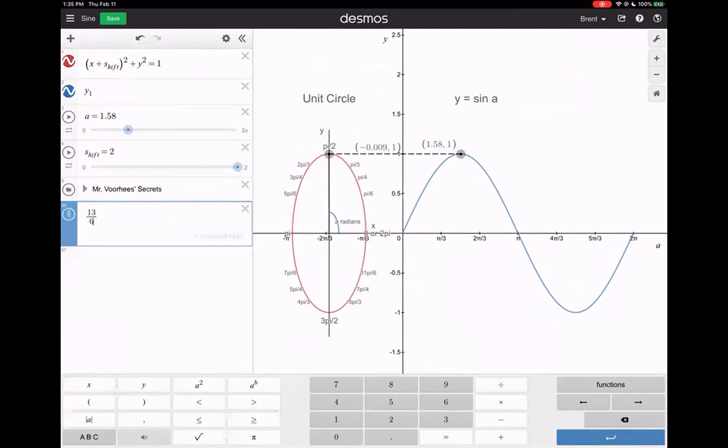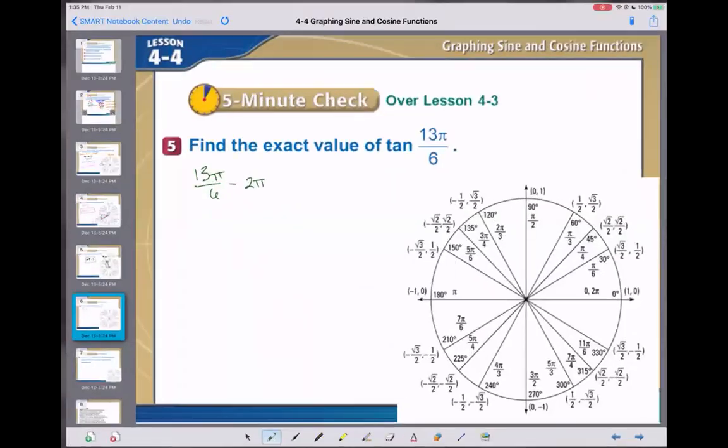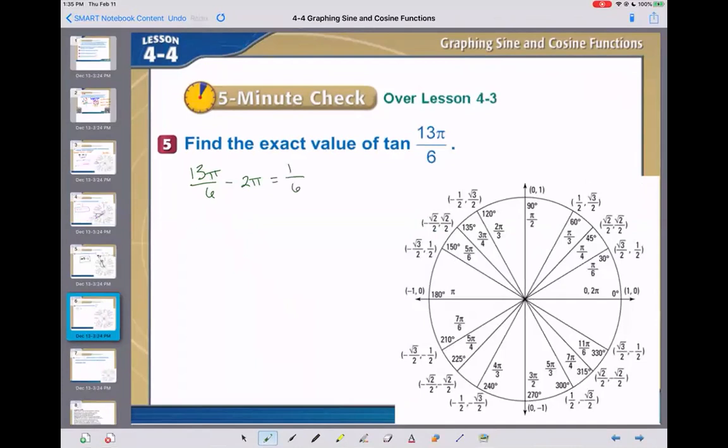So I'm going to do 13 over 6, no pi's, minus 2, representing 2 pi. Gives me that crazy decimal. If you hit the fraction line, it tells you as a fraction, this is the same as 1 over 6. So this is 1 over 6. Since I did not type in the pi's, I'll now write it up there. It's equivalent to 1 pi over 6. We just found that 13 pi over 6 is equivalent to 1 pi over 6, or I should say coterminal.